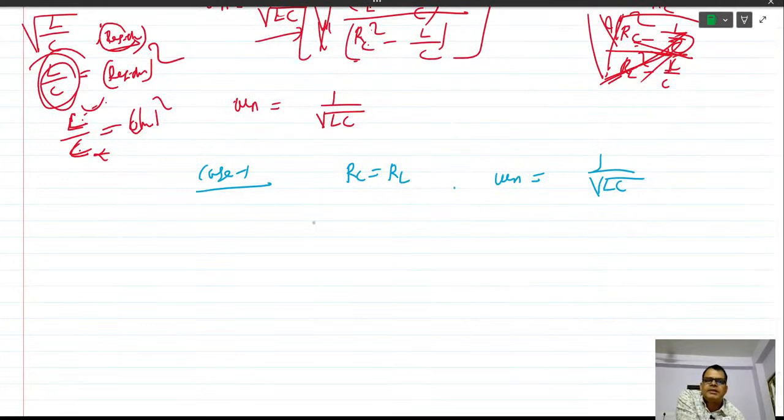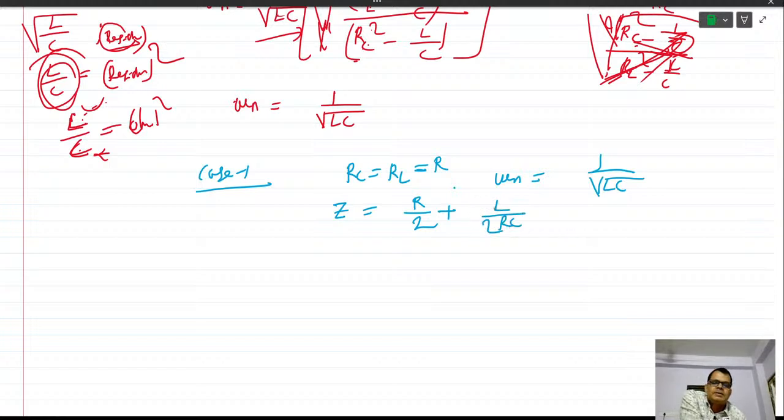Ultimately you will get Z, the impedance at resonance, which is resistive: Z will be R by 2, because RC equal to RL equal to R, plus L upon RC into 2.